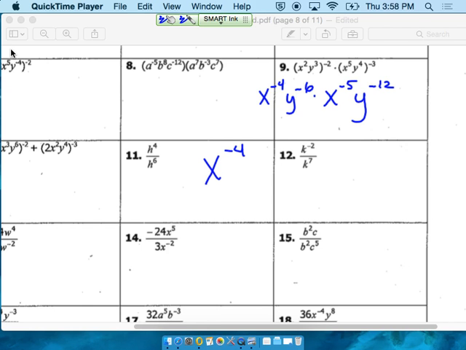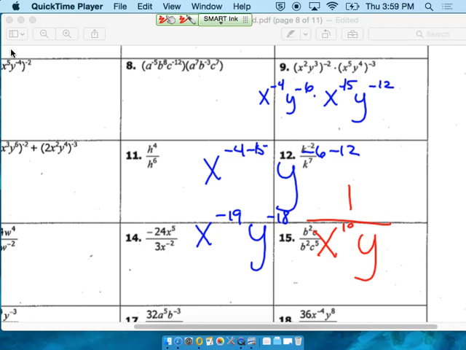So I would have x to the negative 4 minus 5, and then y to the negative 6 minus 12, and that's going to give me, wait, that's negative 15. That's going to give me the same answer that I had in the previous method. And then I would take this and rewrite it so that the exponents become positive.